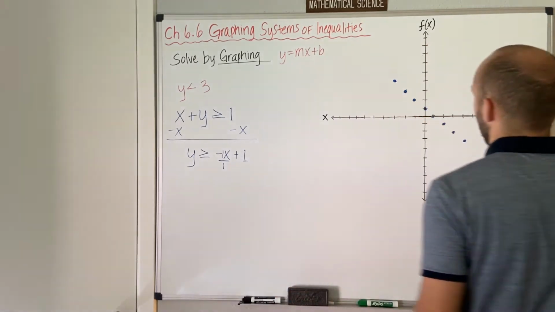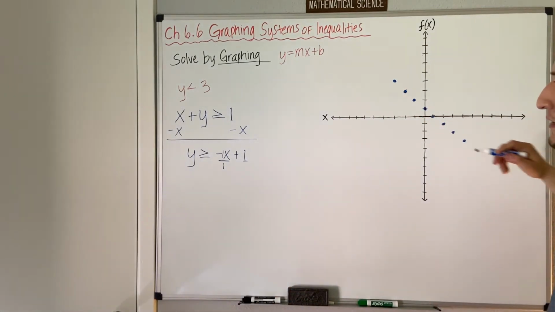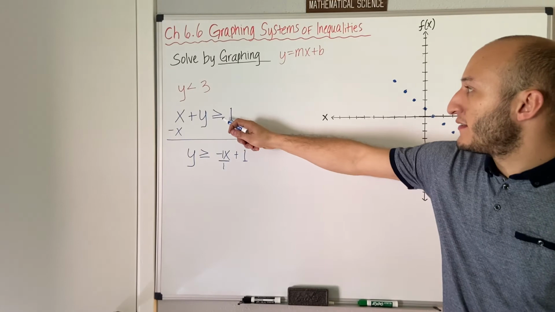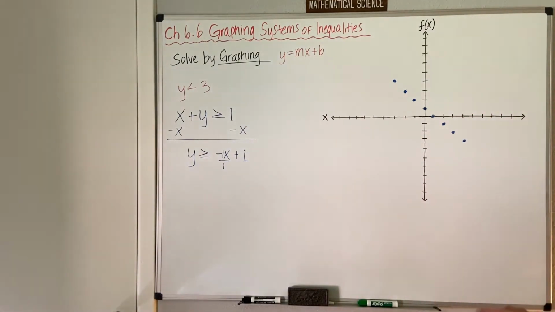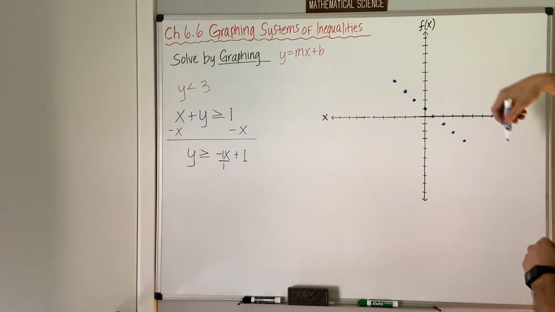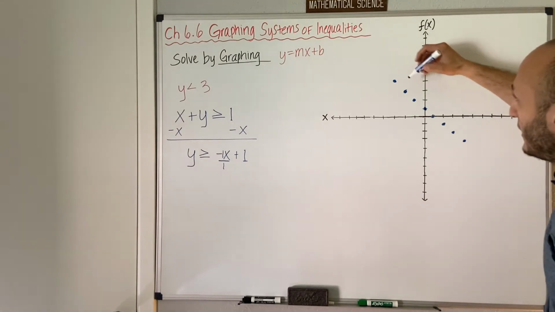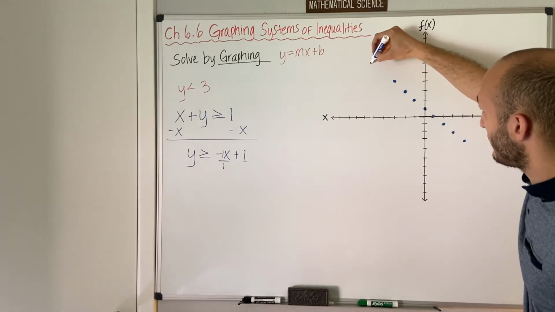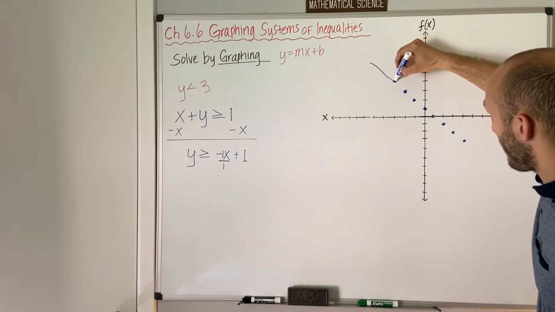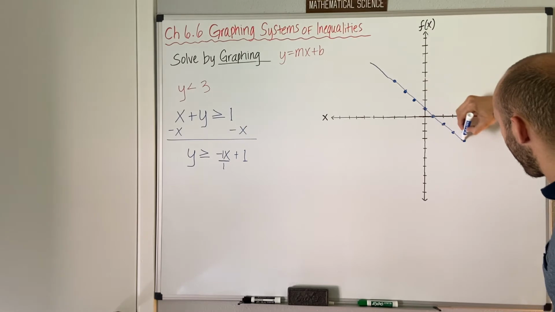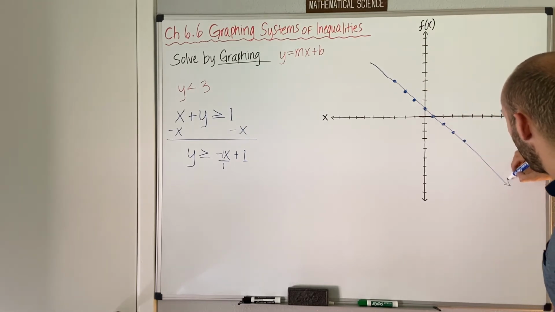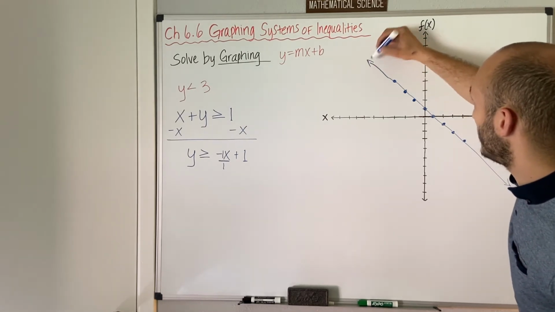Because the inequality sign has the little bar, the equal to, on the bottom, my line is going to be a solid line. So here is my solid line.